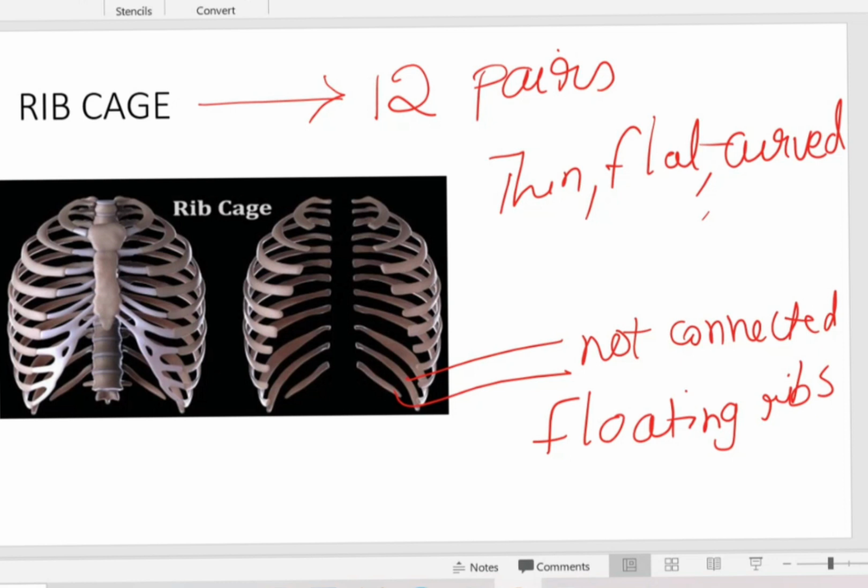All the ribs are joined to the backbone at the back, but except the last two ribs, the remaining 10 are joined to the breastbone in the front also. So this is about the rib cage.